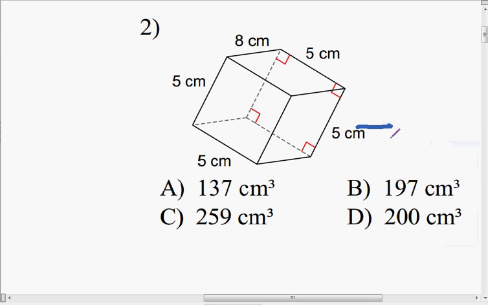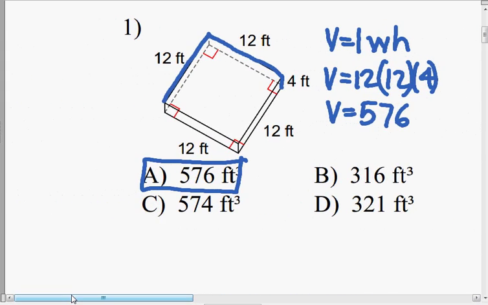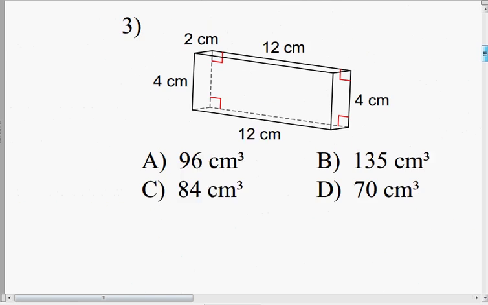Having done number 2, let me show you number 3. So you can work on problem number 4.